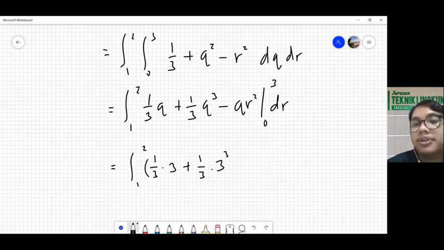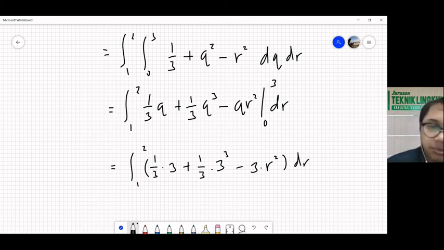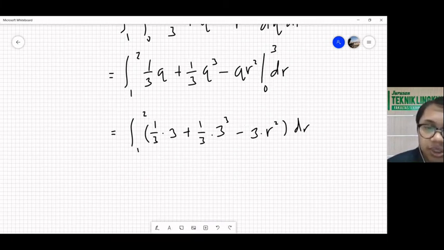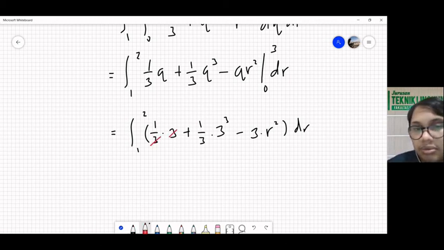So 1/3 times 3 plus 1/3 times 3 power 3. Oh, very nice. Q, okay, 3 times r square. Now just make it simple. This one you can omit and just left 3. And this one becomes 2.